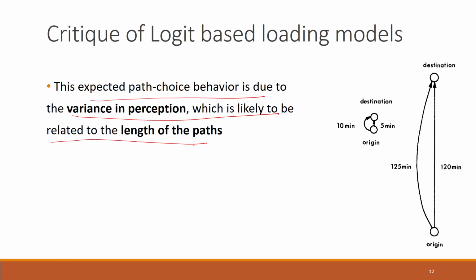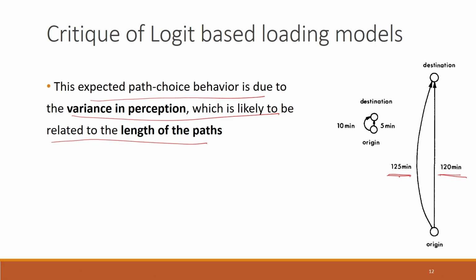So when these two choices are being compared, that is, you have two paths, one is having 125-minute path and the other is having 120-minute path, then the perception in the travel time will have higher variance when you are comparing this versus this here, because these two might be perceived to be very similar paths.